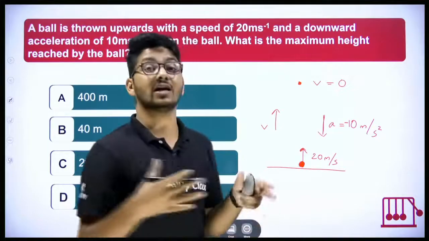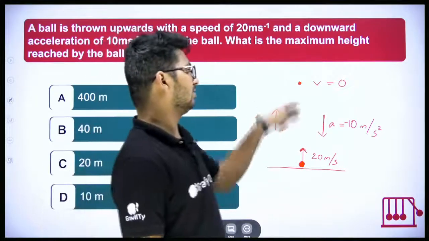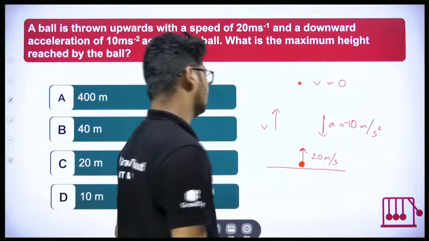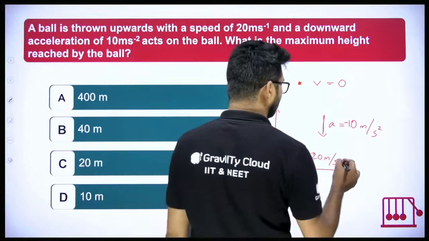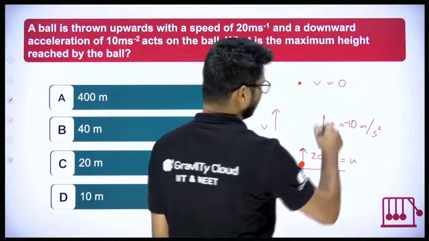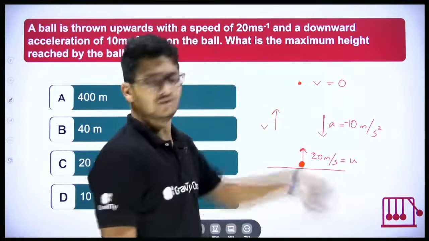Now all this we understand from the question. So I have drawn it, and in the figure itself we have the given information. At the bottom you have initial velocity u, acceleration is negative, and the final velocity is 0.